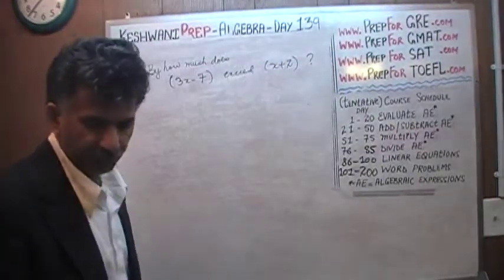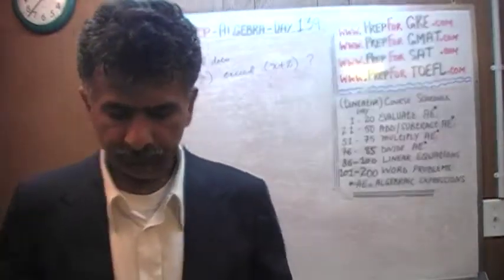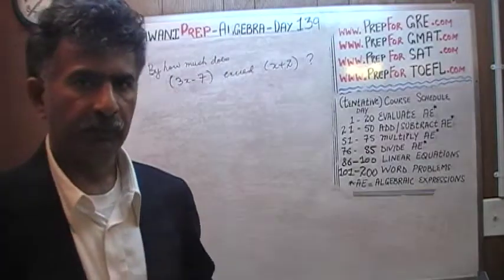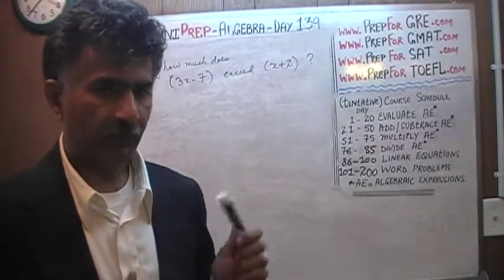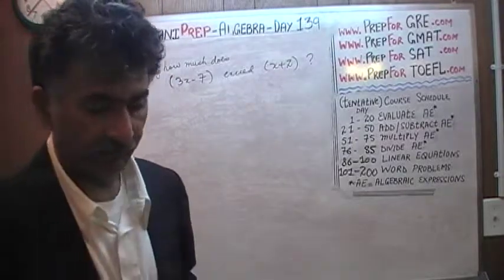The question is, by how much does 3x minus 7 exceed x plus 2? I want you to work on this for a couple of seconds. Give me 5 seconds, 10 seconds. I'm just going to step in the next room to grab something and I'll be right back, okay? Work on this thing. I'm not going anywhere.